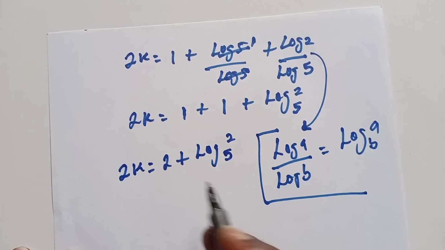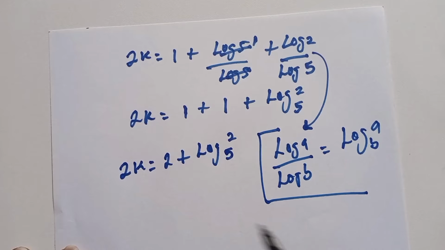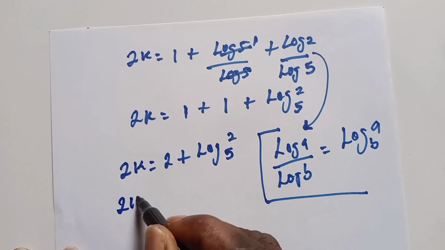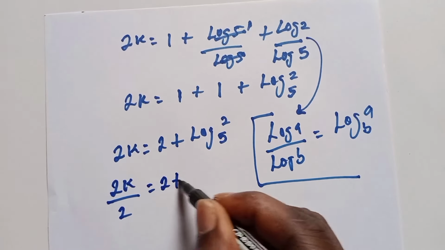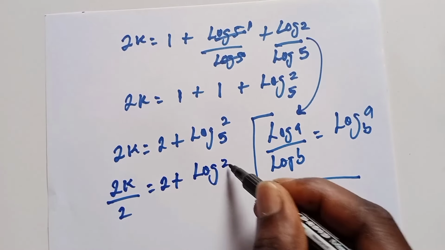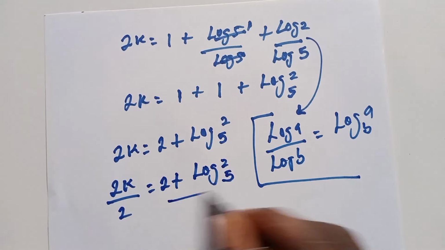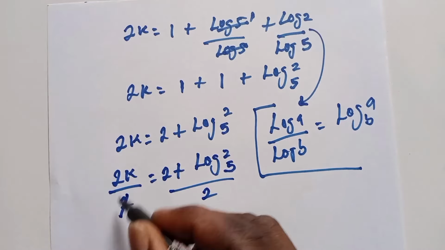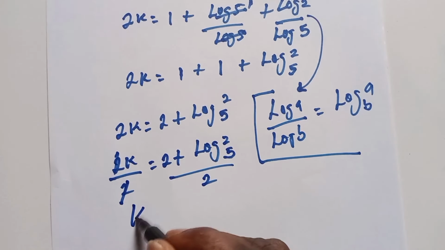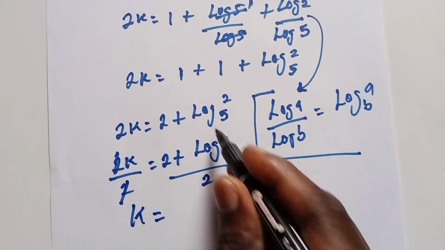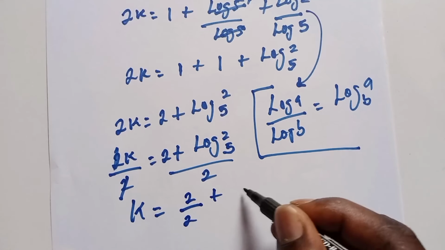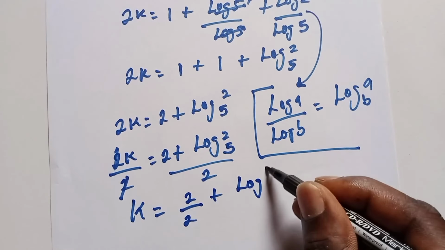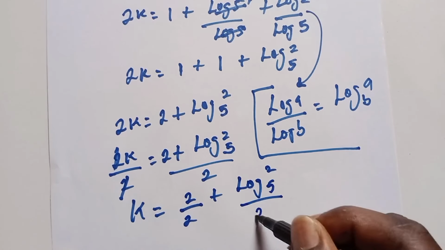Now if we divide both sides by 2 so that k can stand alone, we have 2k over 2 is equal to 2 plus log 2 base 5 divided by 2. So we cancel this, and then k will be equal to, if we split this fraction, 2 over 2 plus log 2 base 5 over 2.